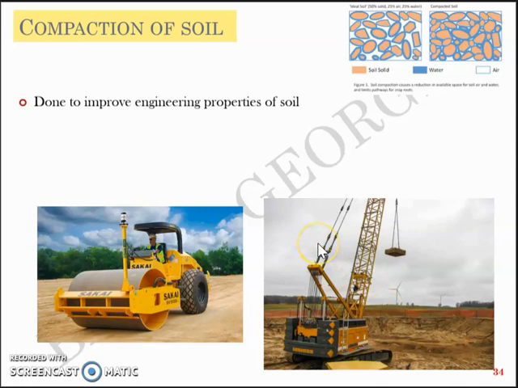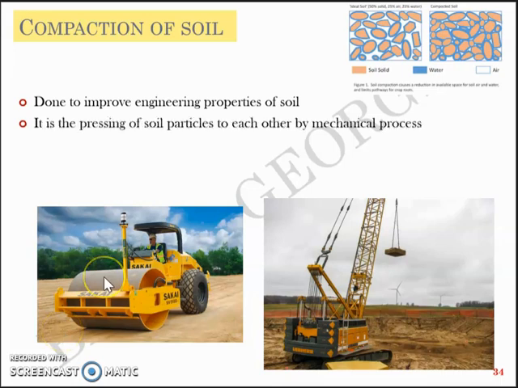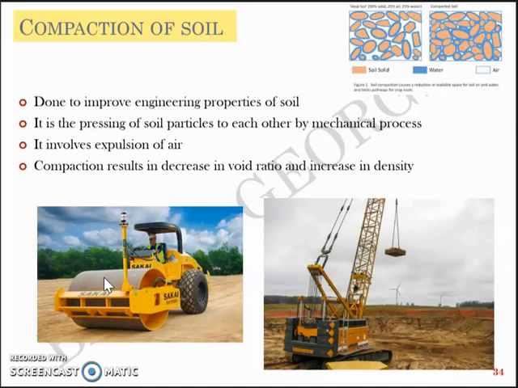So the compaction is done to improve the engineering properties of soil, including the shear strength and reducing the permeability, etc. It is fundamentally the pressing of soil particles to each other by a mechanical process, and it involves expulsion of air. The compaction results in decrease in void ratio and hence an increase in soil density.